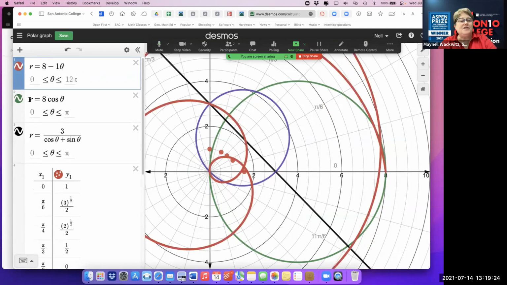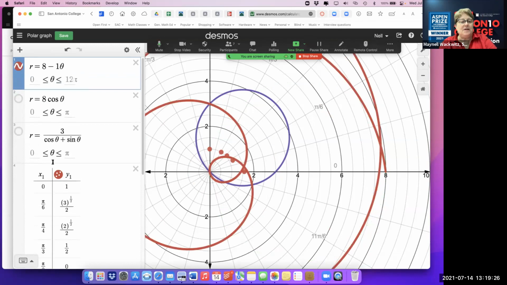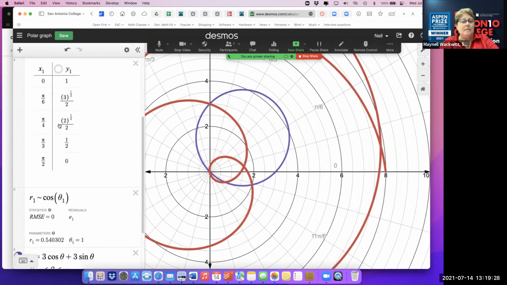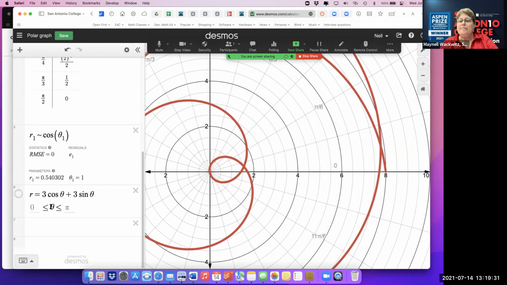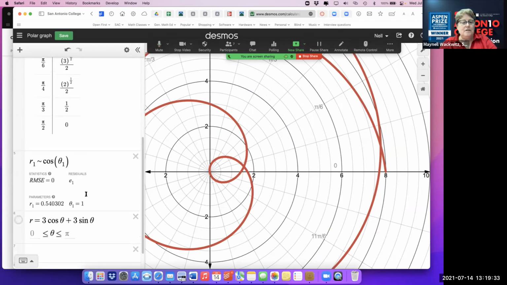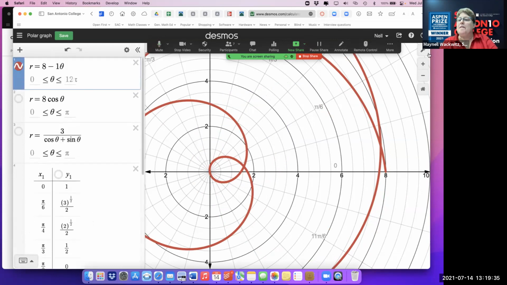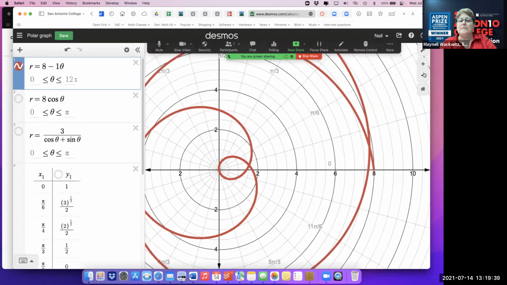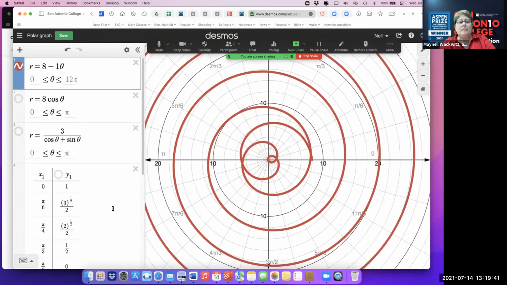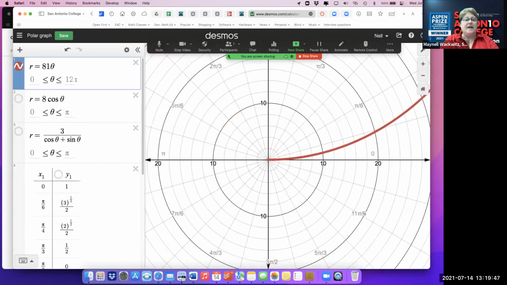And I'm going to stop showing all the rest because it's getting in the way. And zoom out. Must be something else showing. Okay. I want to zoom out. And this is a spiral. Yeah, I think that's because of the negative.